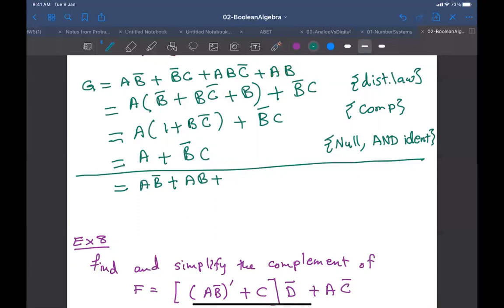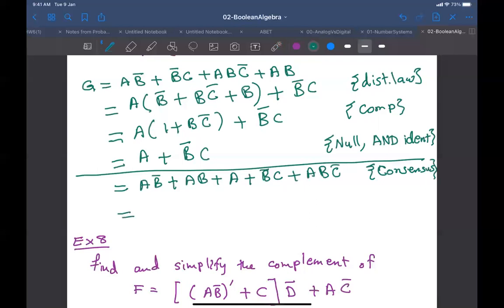And I can add A as well, right? Why? Because it's the consensus of the two terms. And then I have B complement C and A, B, C complement. And this is by consensus, right? Consensus. Okay?